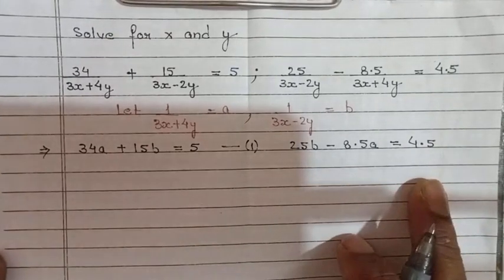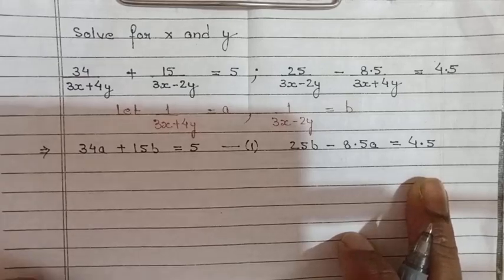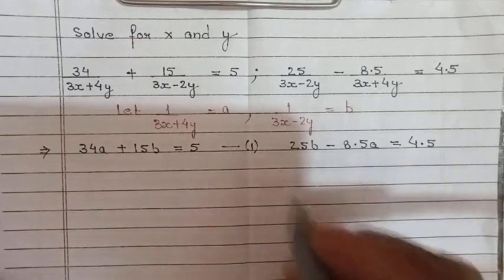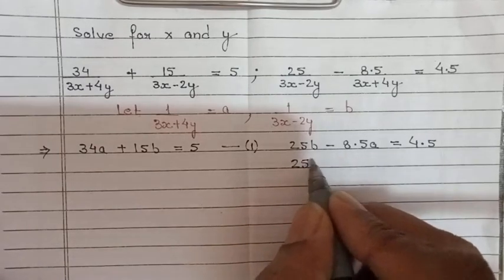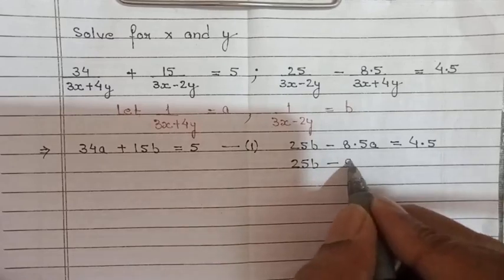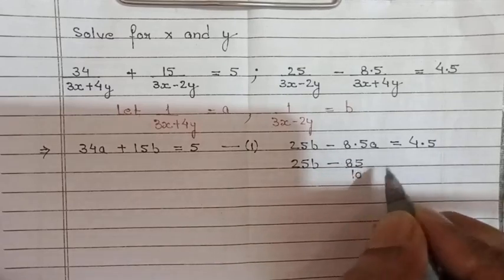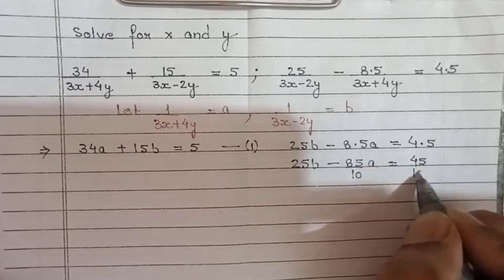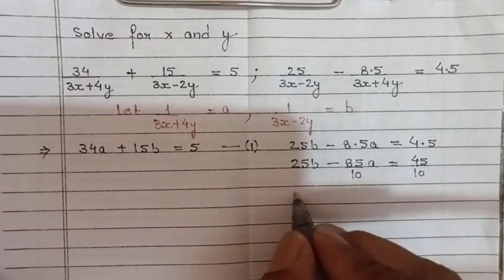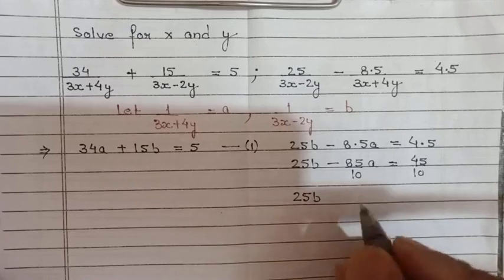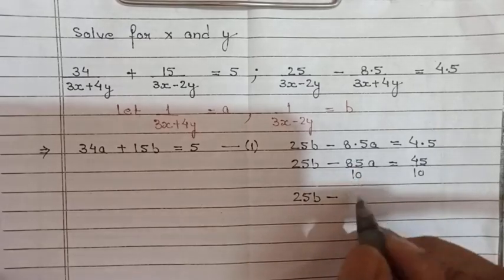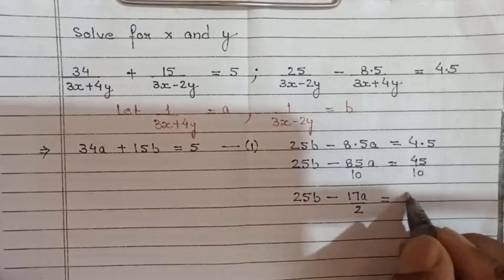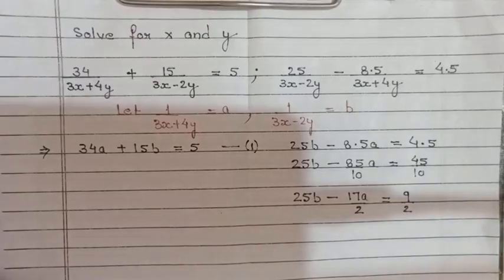This is also a linear equation in two variables, but in this equation you are finding the decimal. So our first step over here will be to remove these decimals. So this will be 25b minus 85 upon 10a is equal to 45 upon 10. Now when you reduce it by 5, 25b minus 17a upon 2 is equal to 9 upon 2.